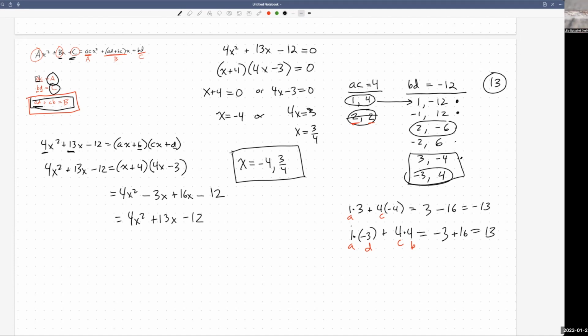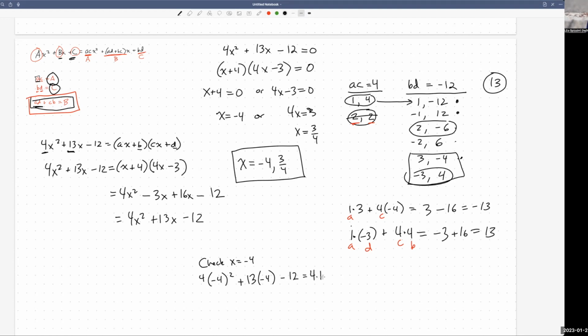We should throw that back in. Let's check one of them, and I'll let you check the other. I'll check the easy one, the -4. So we're going to check x equals -4. We'll have 4 times -4 squared plus 13 times -4 minus 12. Well, what's 4 times -4 squared?